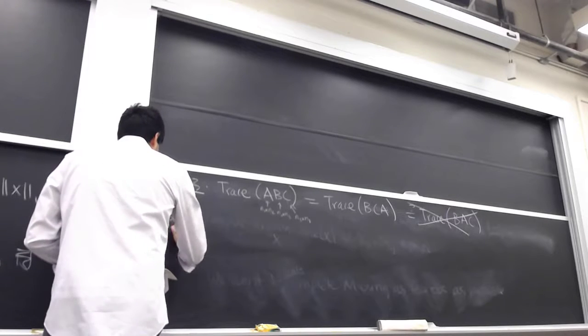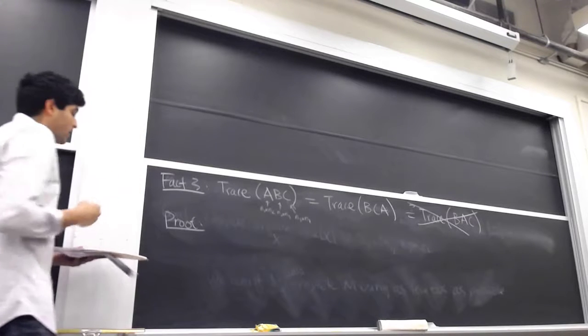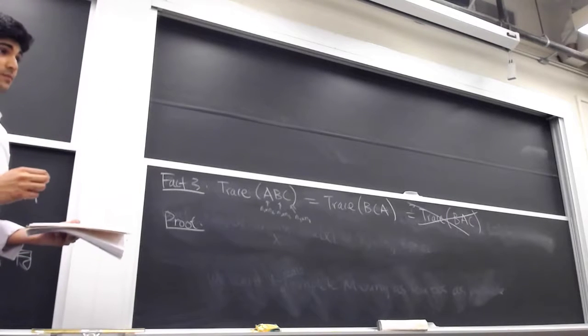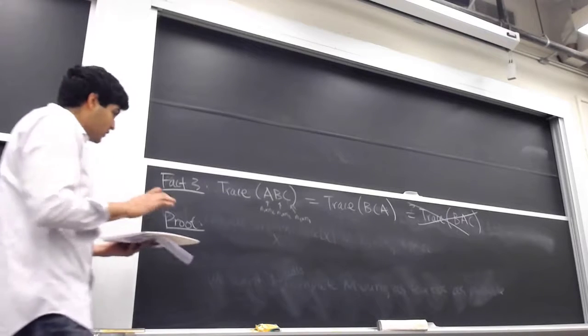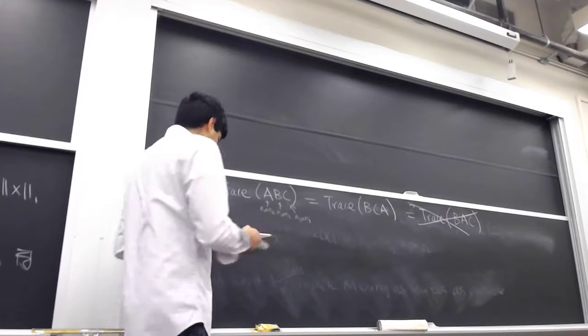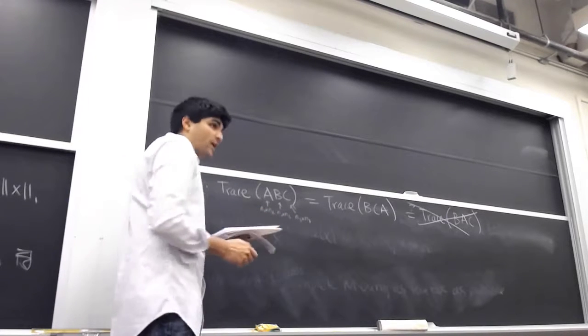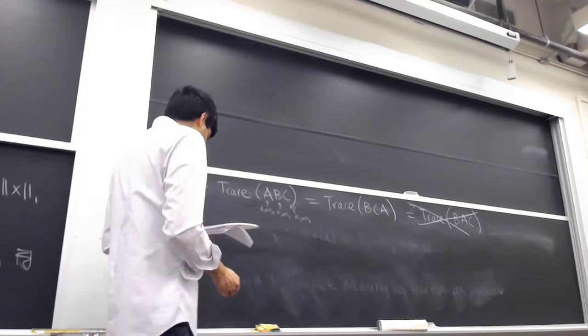So let's now prove at least one direction of fact 1. And then I'm going to talk about how the other direction follows. But that's also a more involved statement. This is something that you can easily check. The other one relies on another fact called the von Neumann trace inequality, which is not completely obvious.